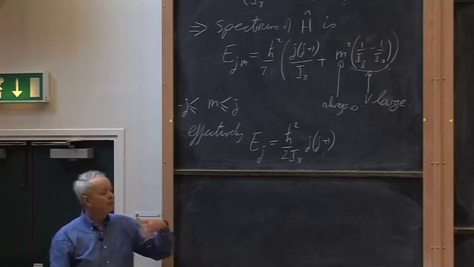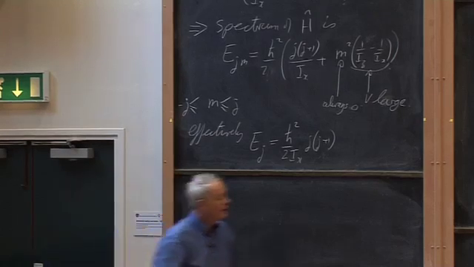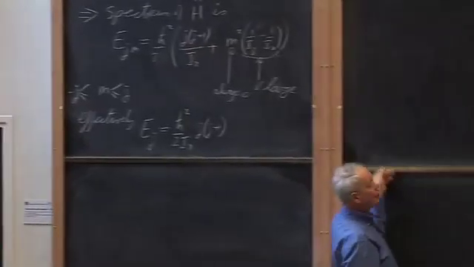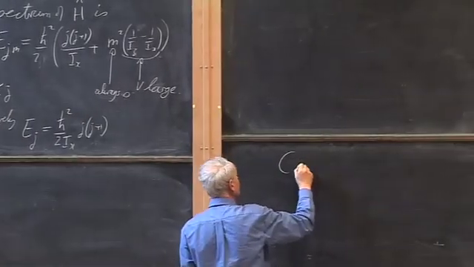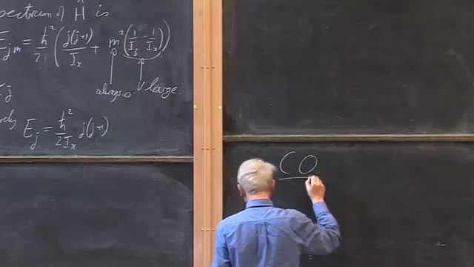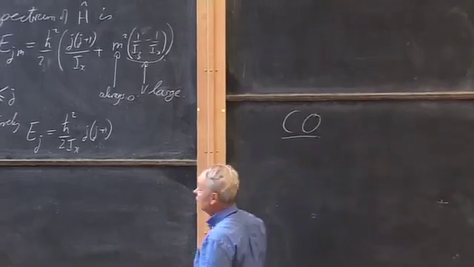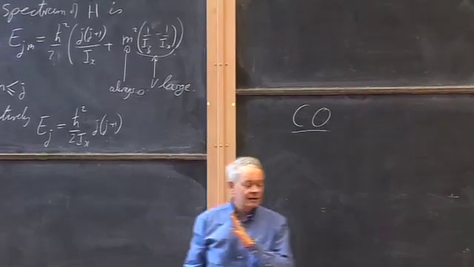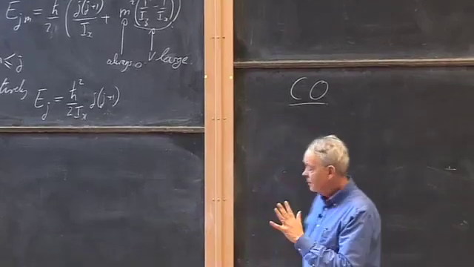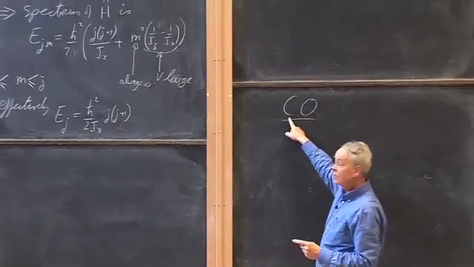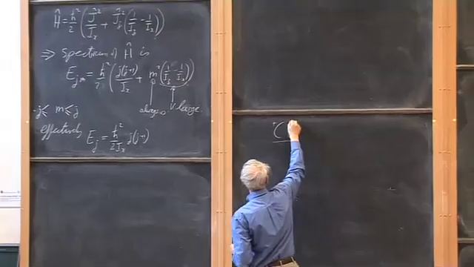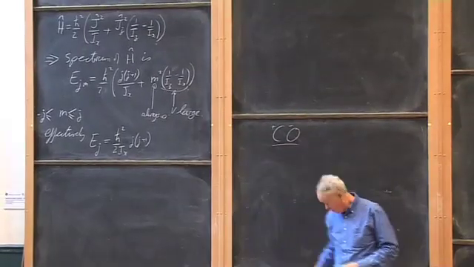Now, that's all been totally generic for diatomic molecules. And let's now talk about carbon monoxide. Carbon monoxide has a much more interesting spectrum, a much more easily observed electromagnetic spectrum, because the carbon is slightly positive and the oxygen is slightly negative.